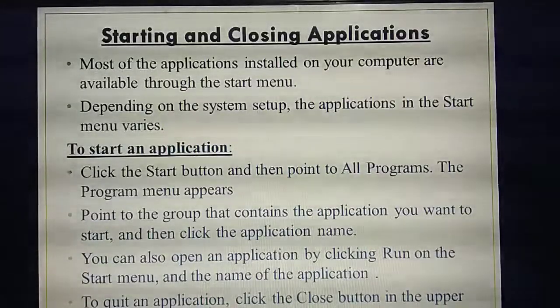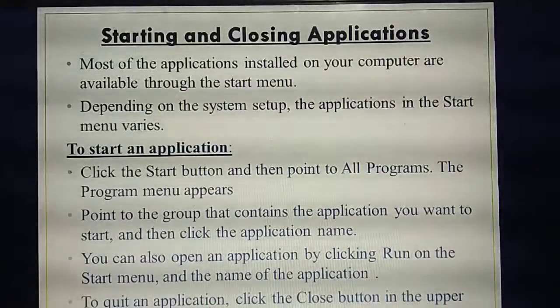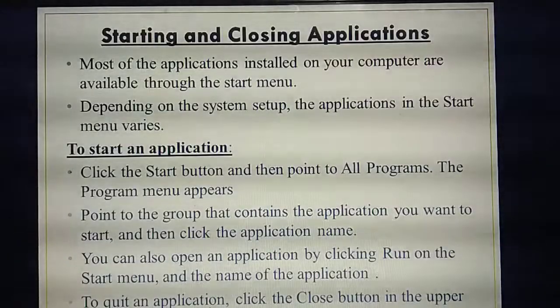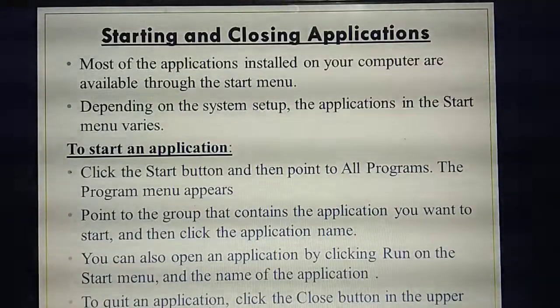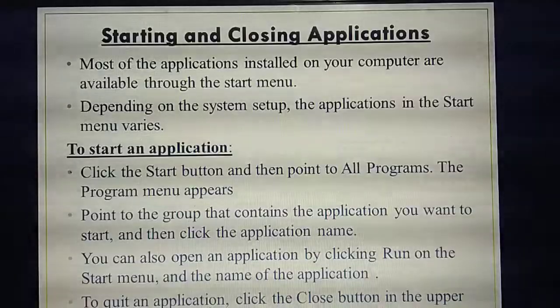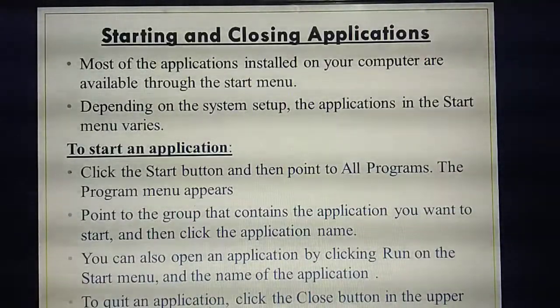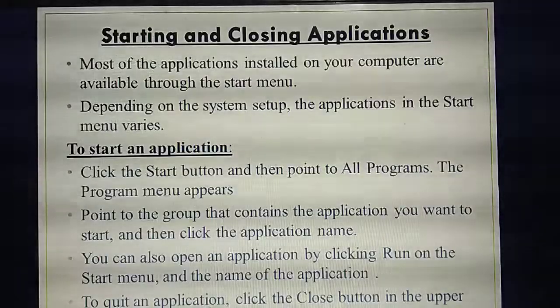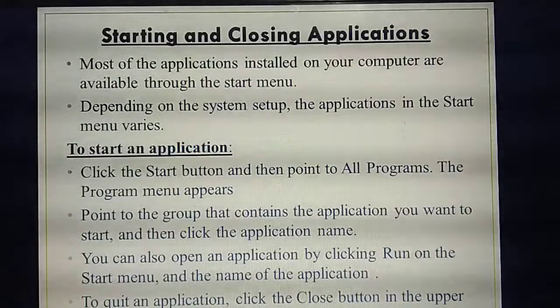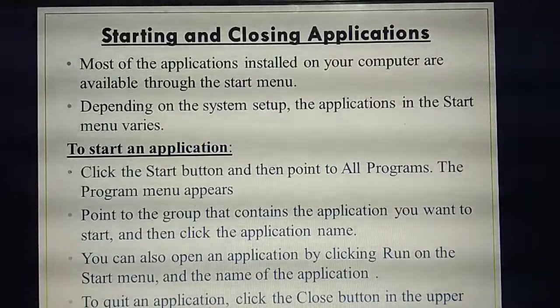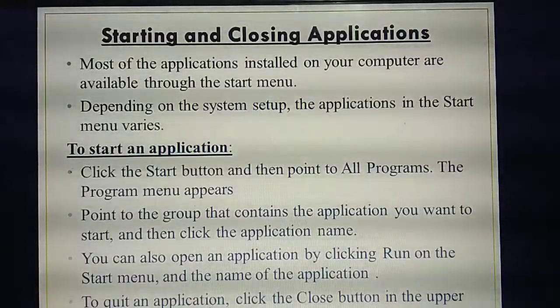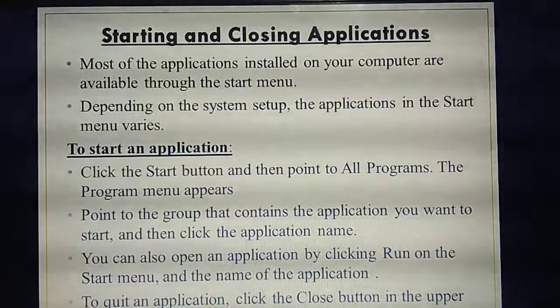Second method, what is the second method? Instead of going to all programs, you can directly access the application. So how are you going to open that application? Above the start menu, where will the start menu be? The start menu will be present at the corner.